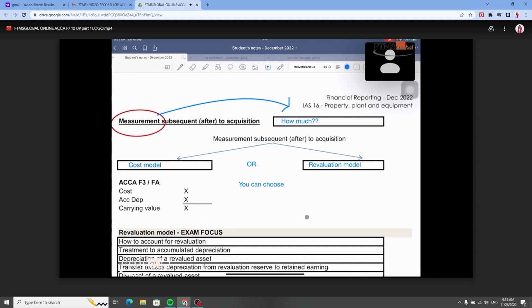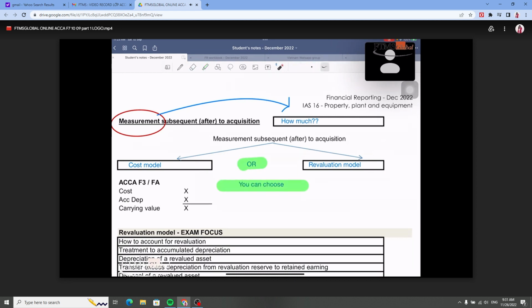Up to you, you can choose. So for example, motor vehicle, if I want, I can use revaluation model. It's rare, but if I want, I can do it. Same thing for furniture and fittings. If I want, I can also use revaluation model. Nobody can stop me. So remember, it's all, all means you can choose.